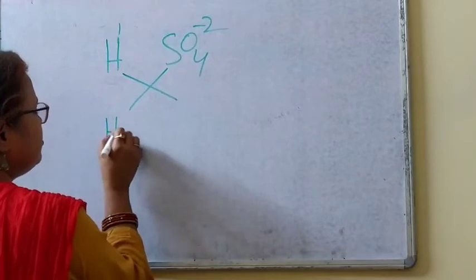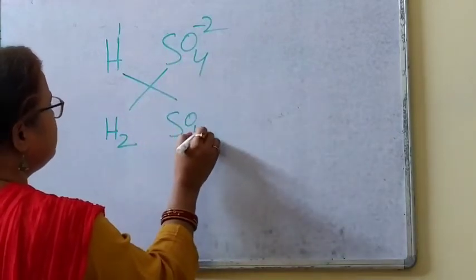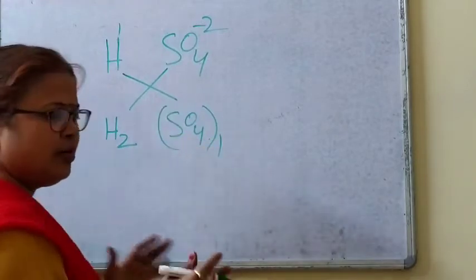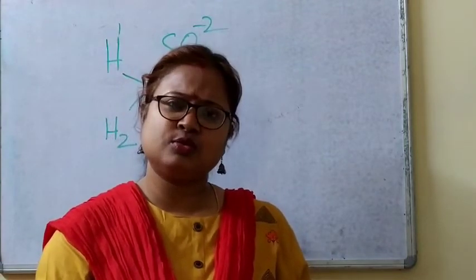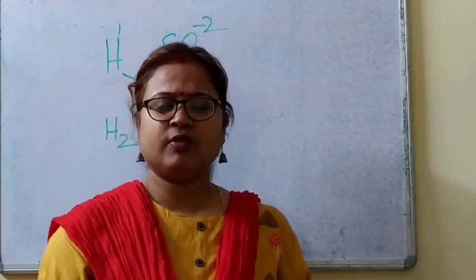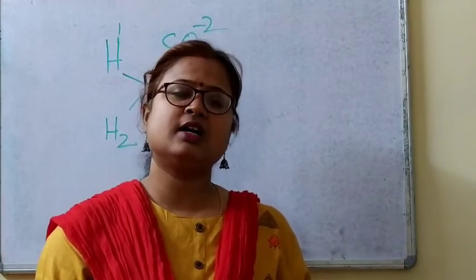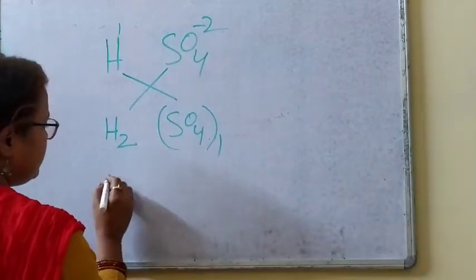With hydrogen, we write the valency of sulfate, and with sulfate we write the valency of hydrogen. So 1 here. With 1 you can't do anything, there is no problem. When it is 2 or 3, then there is a problem. If 1 is there, then there is no problem, because when we multiply any number with 1, the answer is the number itself. So now combine this one, you will get what?